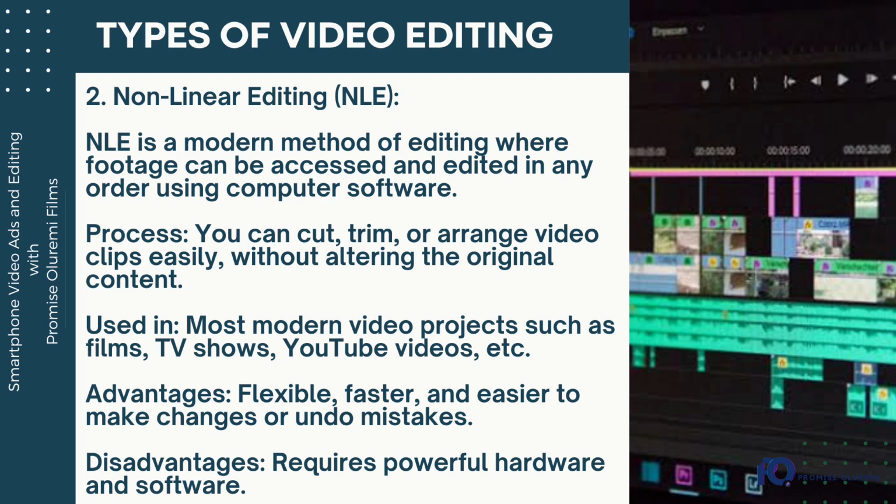It's used in modern video projects such as films, TV shows, YouTube videos, and the likes. It's flexible and faster compared to the one I mentioned earlier, but one of the disadvantages is that it requires powerful hardware and software.